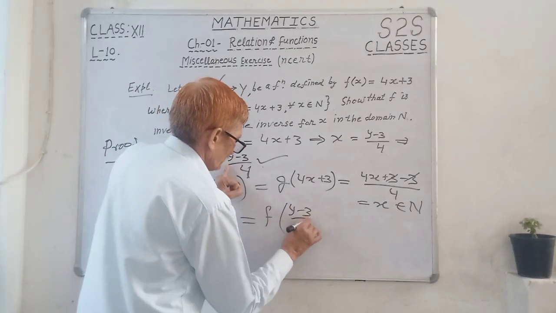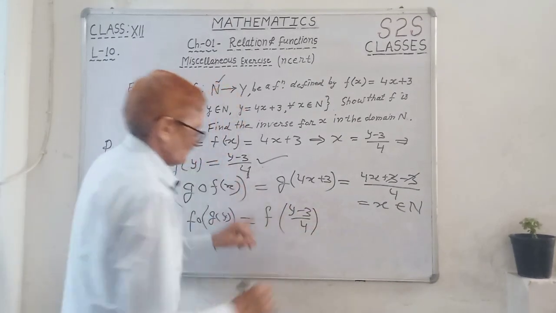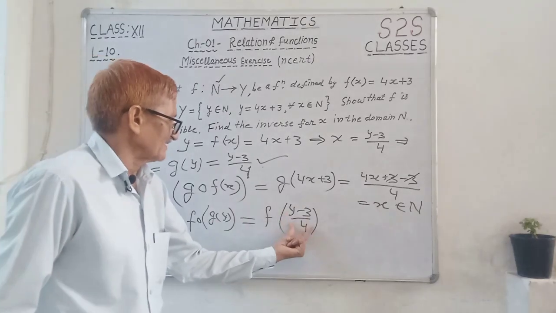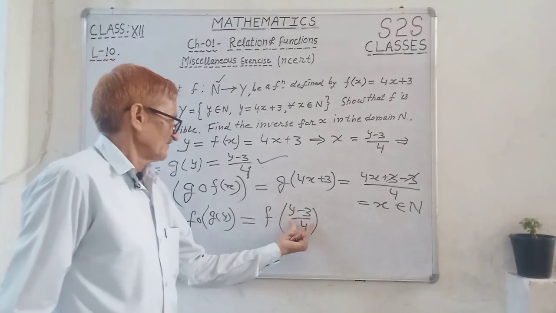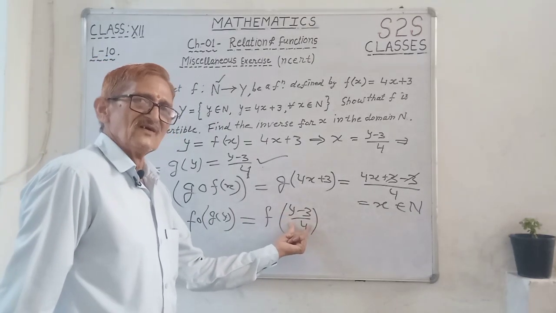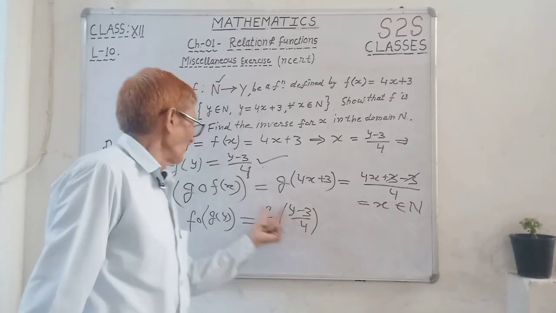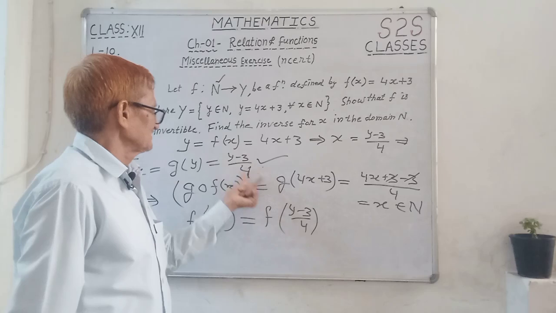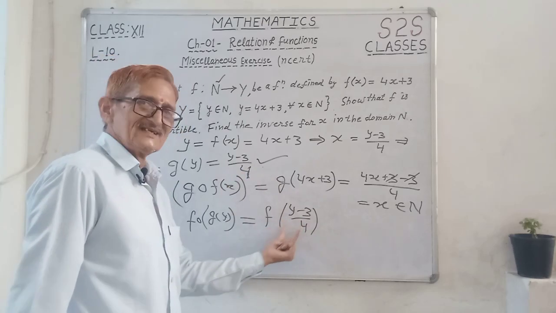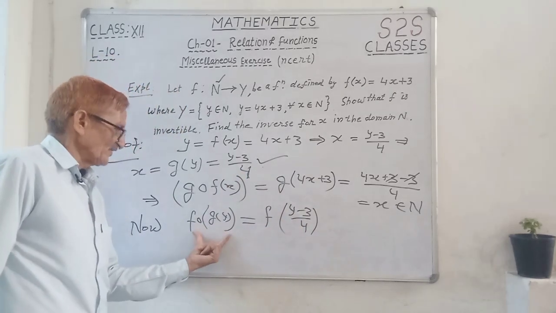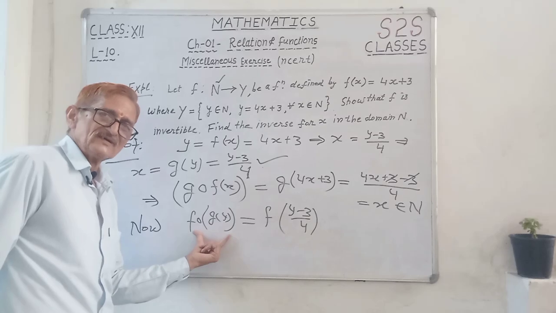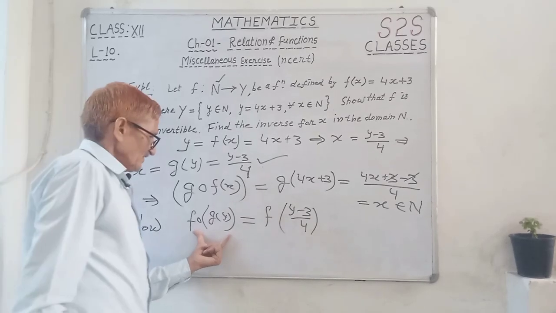So the function operates on this domain. But this is the range of the g function, the output of the g function, (y minus 3) upon 4, and it is here the domain for fog.